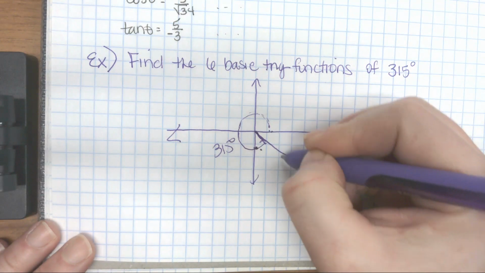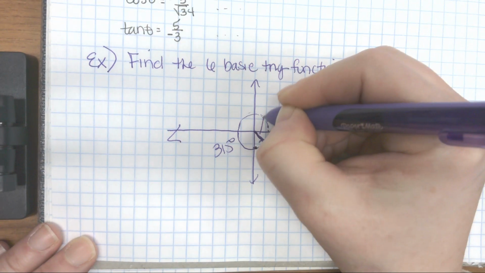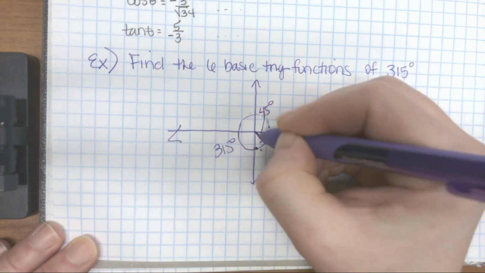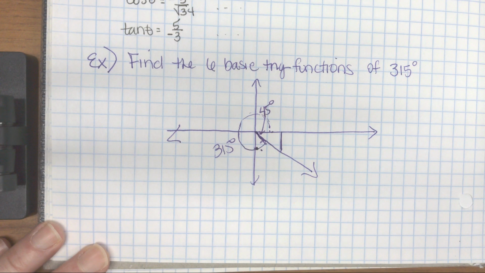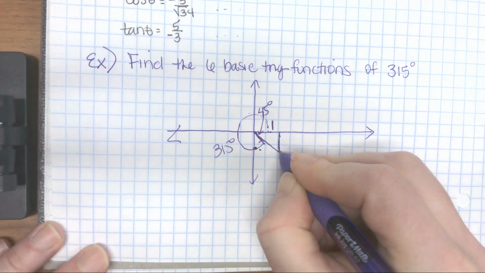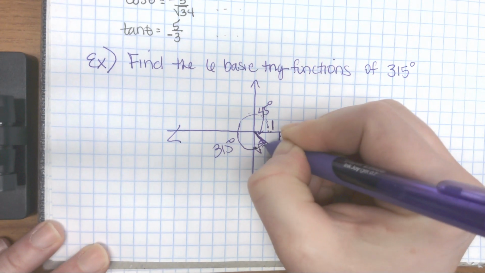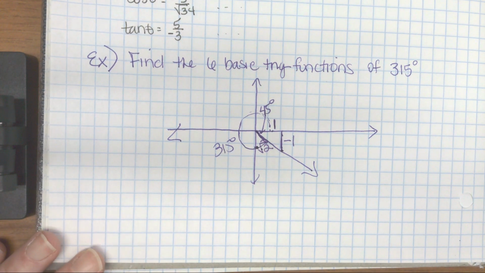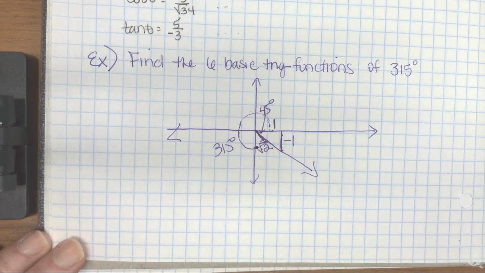You can drop it down anywhere you want, but would you all agree that that angle right there is 45 degrees? Let's draw our triangle. The shorter pieces are each what? In the 45-45, this is 1, but this is down 1, so I'm going to write -1, and this is root 2. When we're doing this in other quadrants, we're going to use those pieces, make sure they're in the right spot, and then we do our 6 basic trig functions.